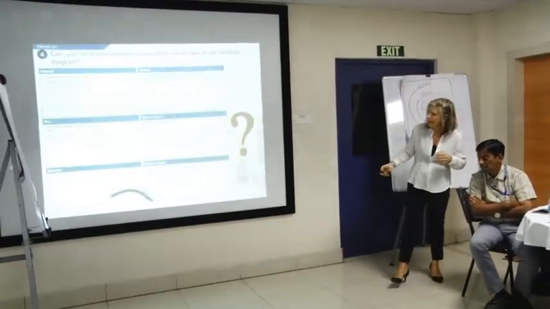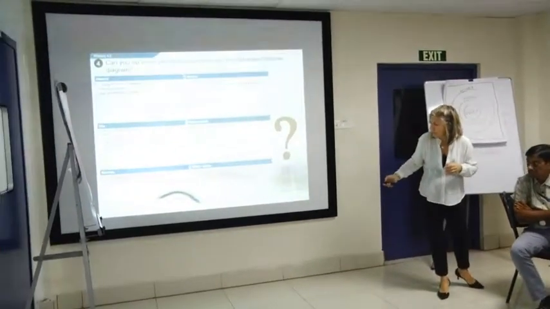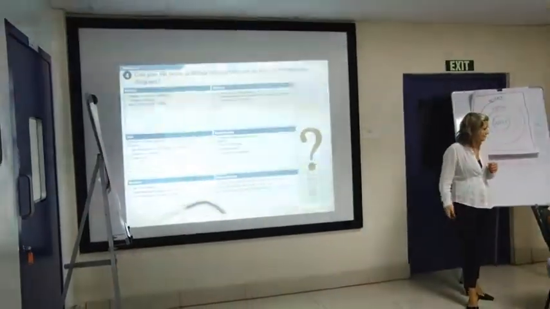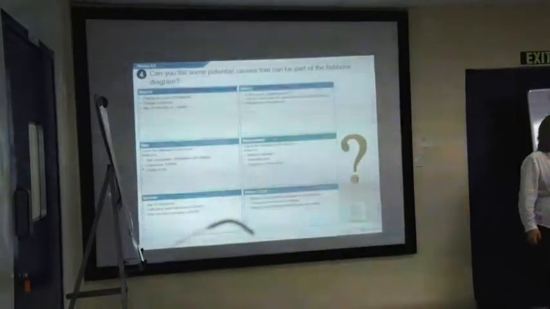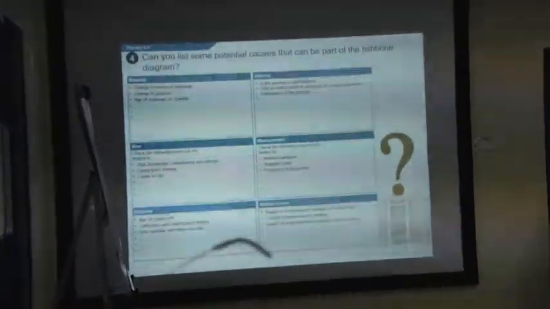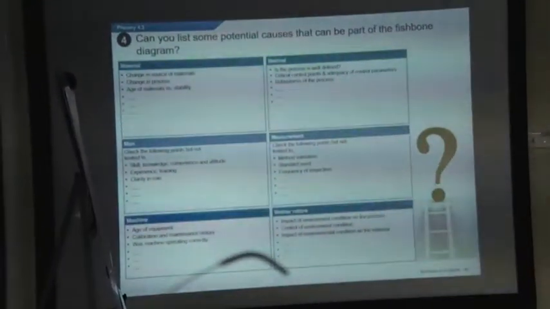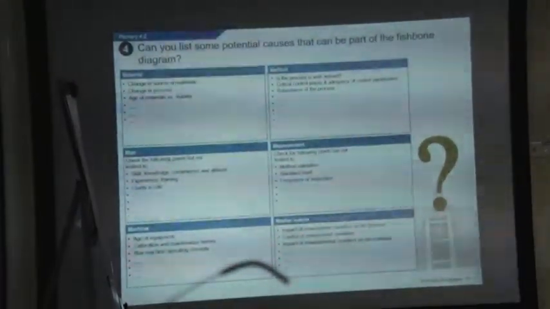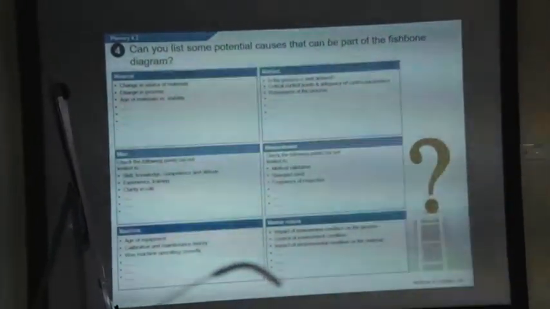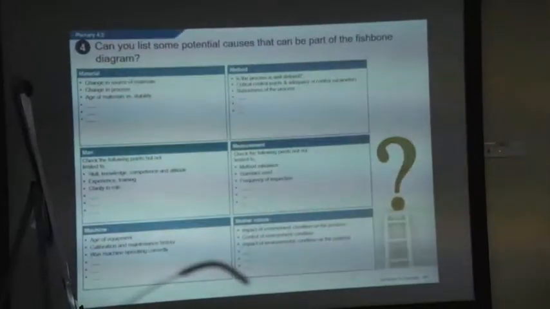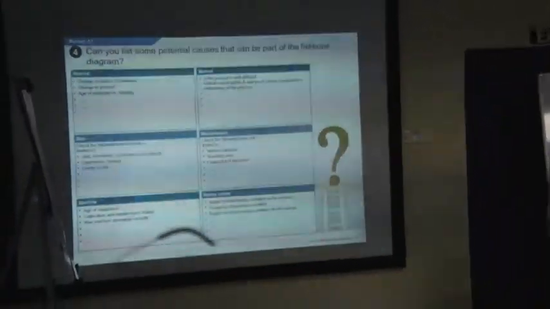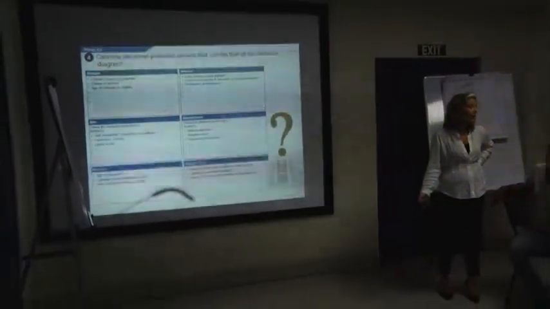What about man? What might be their problem? Is the person trained? Are they supervised? Can they read the procedure? Is it in their language? What are other problems? Maybe they just are too tired or don't care.